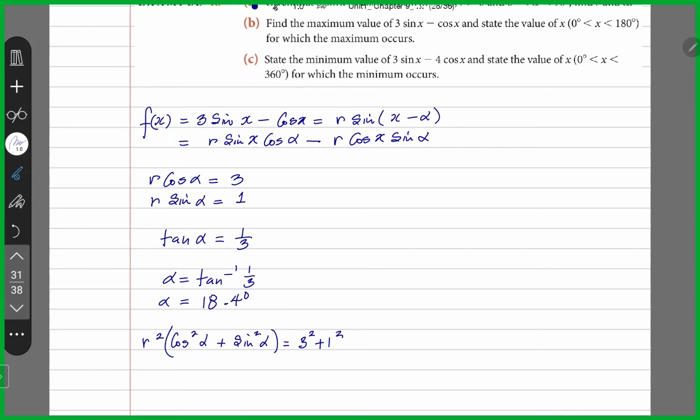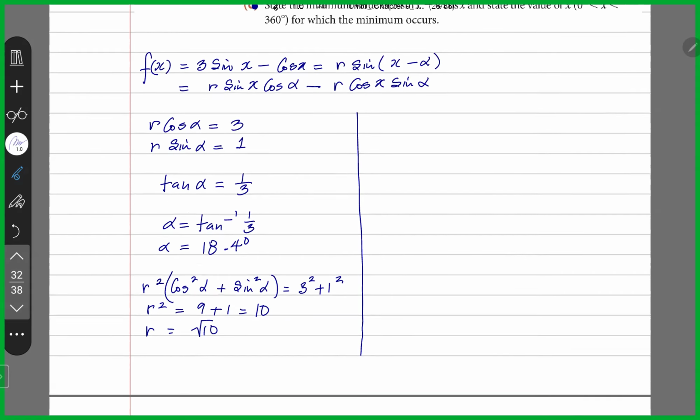Now, cos squared alpha plus sine squared alpha is 1, so r squared is equal to 9 plus 1, which is 10. So r is equal to the square root of 10.